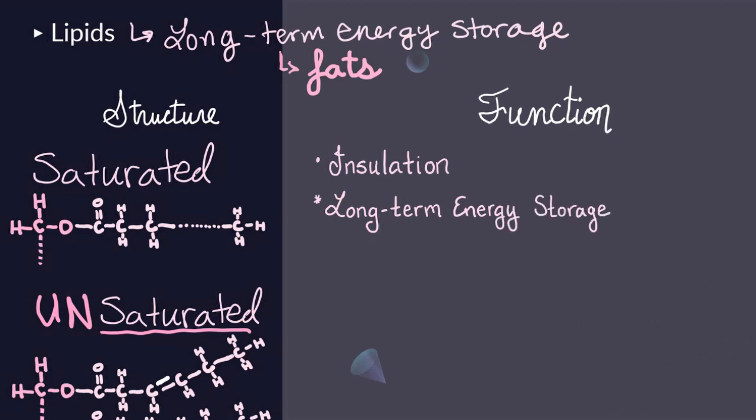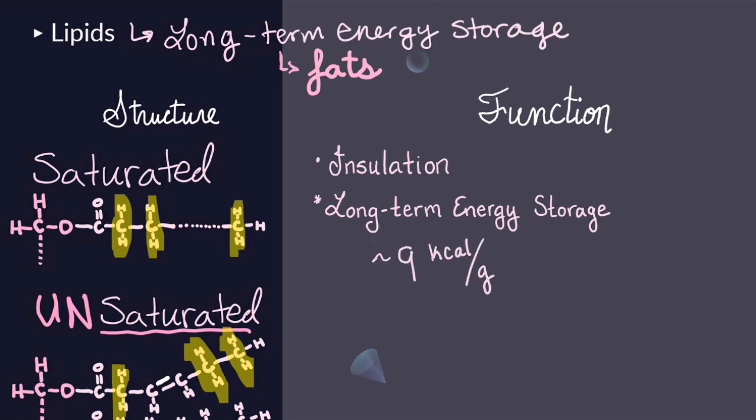The many carbon to hydrogen bonds of fats, far more than that seen in carbohydrates, form a long-term energy storage for the organism that it's within. So for comparison, fats are about 9 kilocalories of chemical energy per 1 gram of fat, while carbohydrates equate to about 4 kilocalories of chemical energy per 1 gram of carbohydrate.